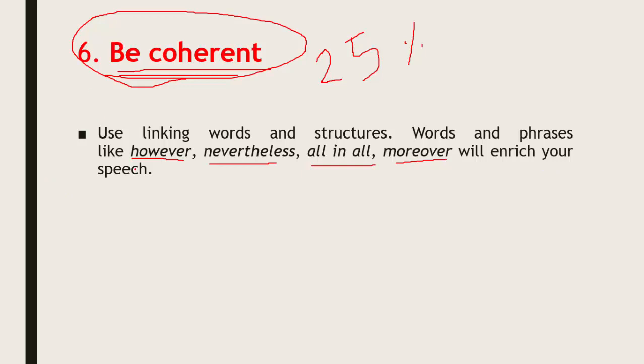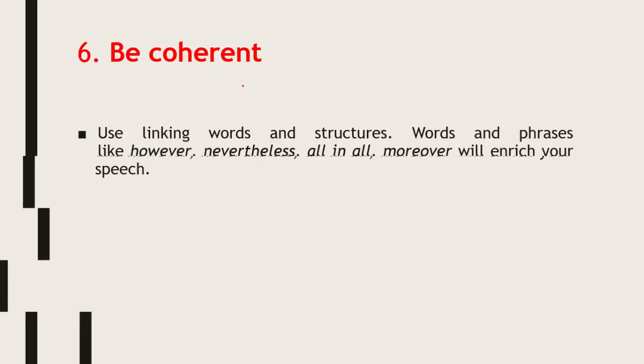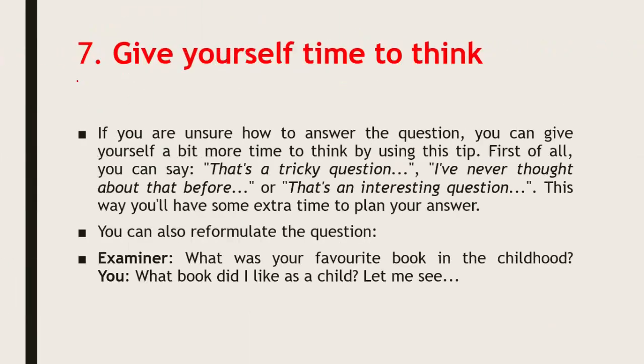So when you extend your speech, you have to use these linkers. Using these linkers means you are on topic and you are extending your idea. So coherent means you are on topic.